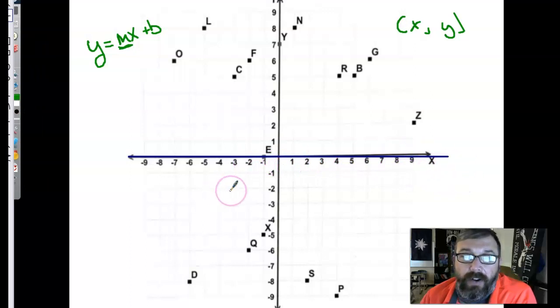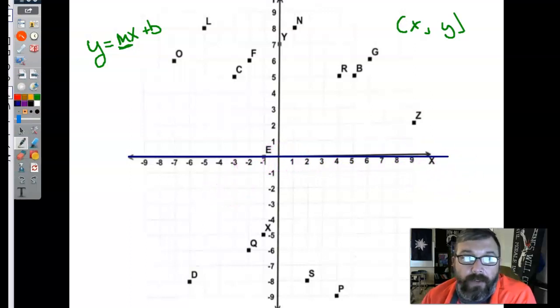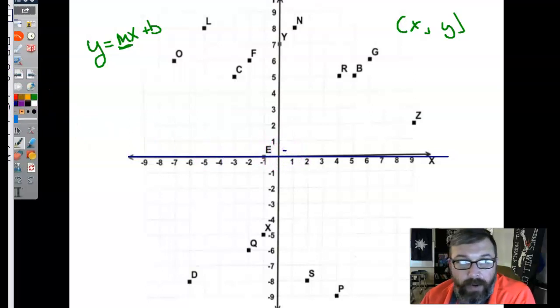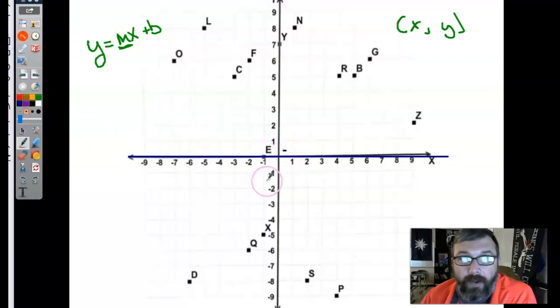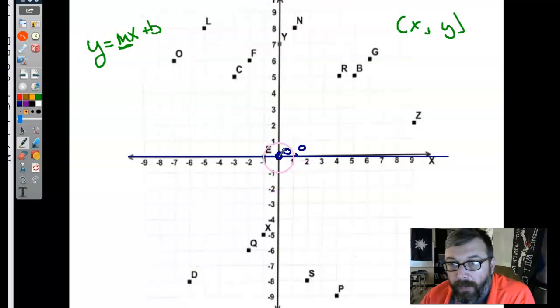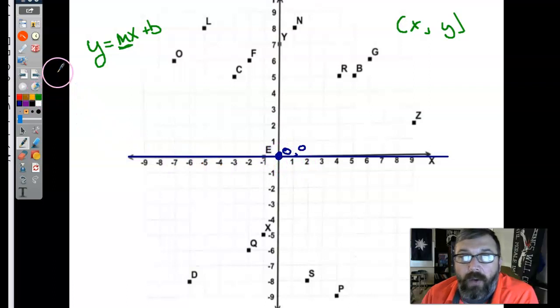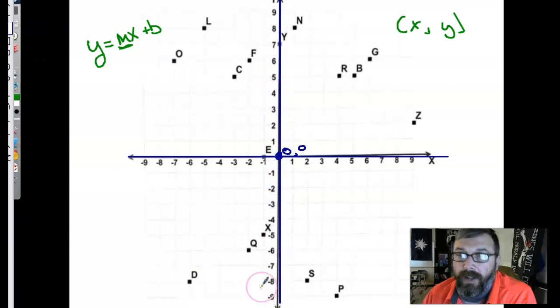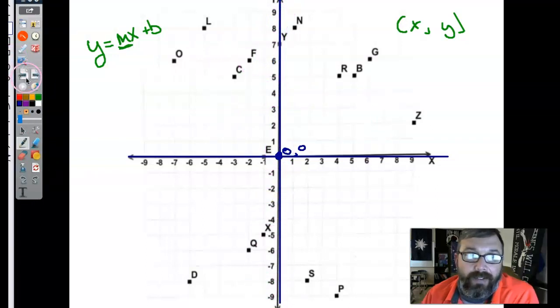And it shows us our left and right, or how far we are from the origin, which is 0, 0, located right here in the middle, 0, 0. And then our y-coordinate is going to tell us how far away from 0, 0 we are going vertically. So we have x, y.